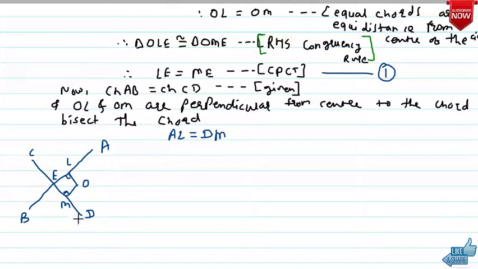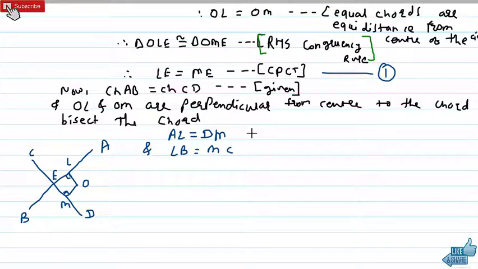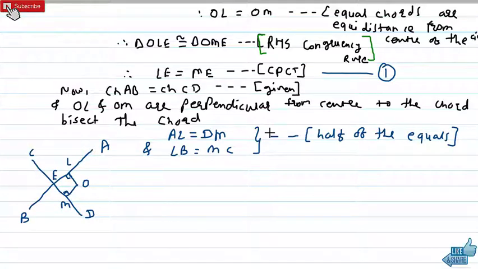AL is equal to MD and LB is equal to MC, and these are halves of the equal chords. This we can say is equation number 2 and this is equation number 3.